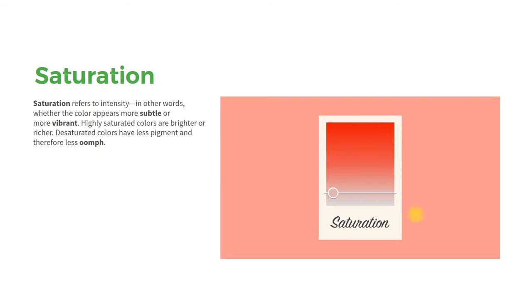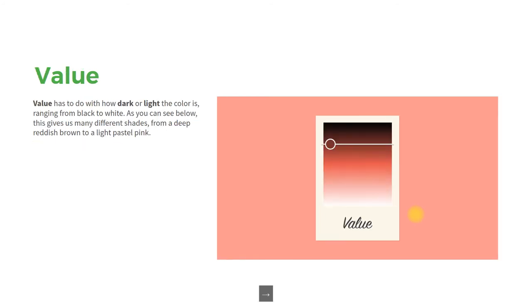It stops being vibrant. So that is saturation. Now value. Value has to do with how dark or how light the color is, ranging from black to white. As you can see below in the sample, this shade of red is darker and this shade is brighter.